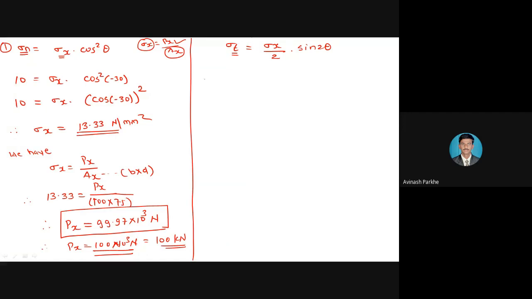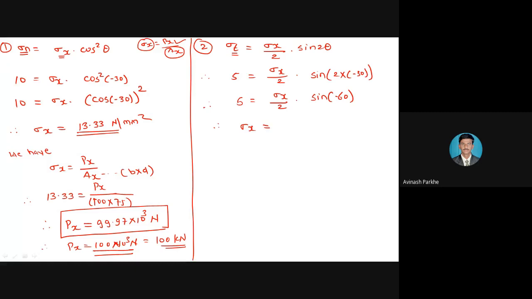Now we have the sigma t formula. By using the second condition also we have to calculate the force. So sigma t is given as 5 Newton per mm square. Sigma x we have to calculate. So 5 is equal to sigma x divided by 2 into sine 2 into minus 30, which is sine minus 60.